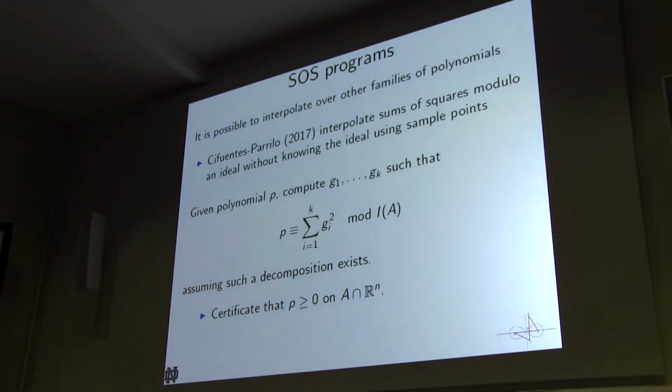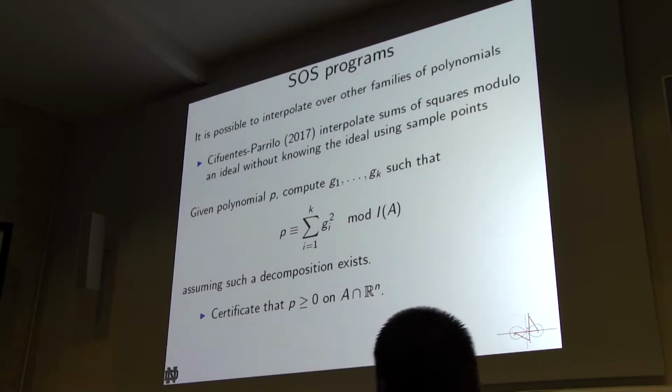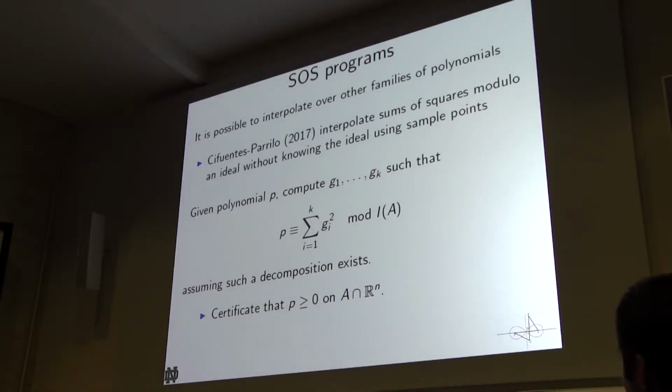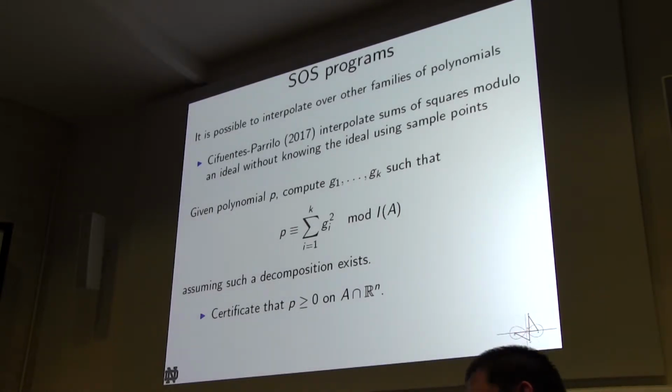Okay, so instead of looking at interpolation over linear spaces, interpolate over sums of squares modulo your ideal. Diego and Pablo recently described a method to be able to do this. And the beautiful thing of this method is it just uses sample points. You don't actually need to know what any polynomials are in your ideal.